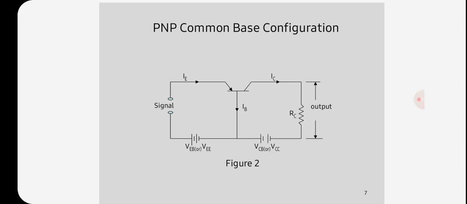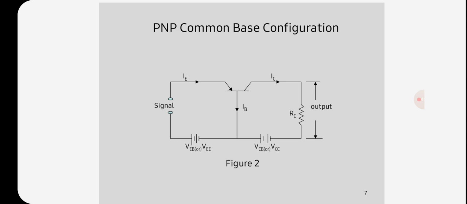Here is the diagram for the common base configuration: the PNP transistor with the bias voltages VEE and VCC connected in common base configuration. Here IE and IC are the emitter and collector currents, and VEB and VCB are the emitter base voltage and collector base voltage.